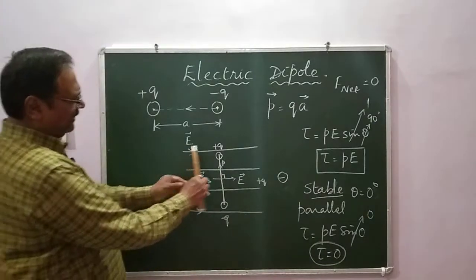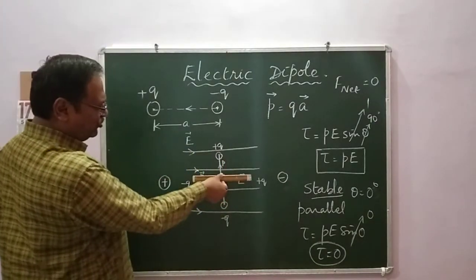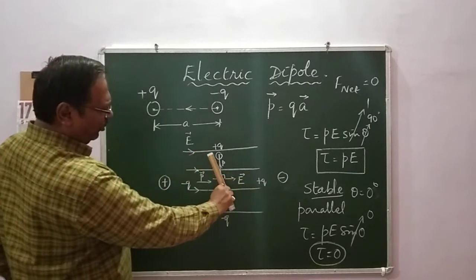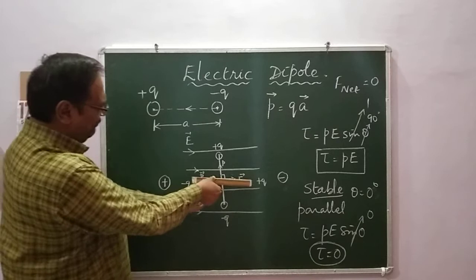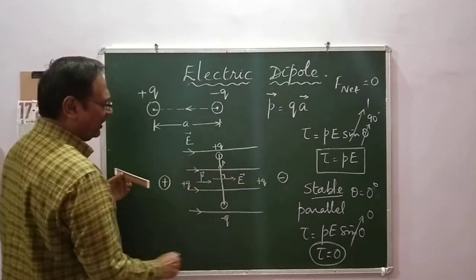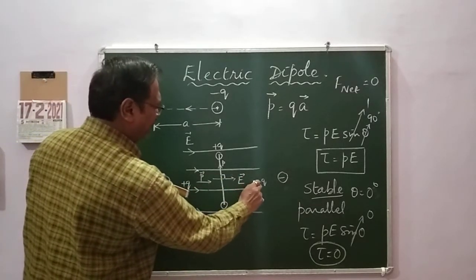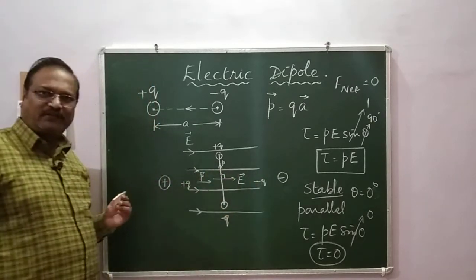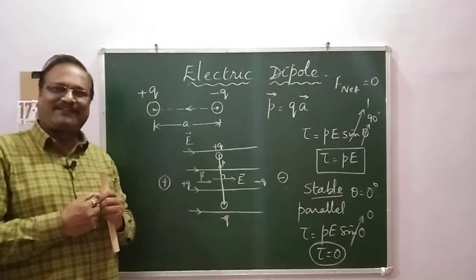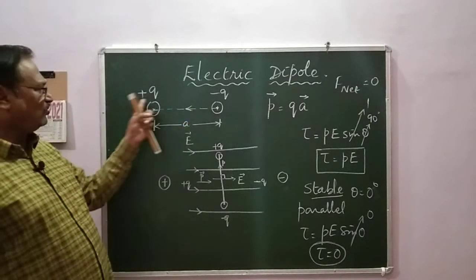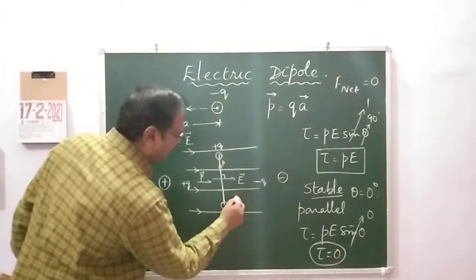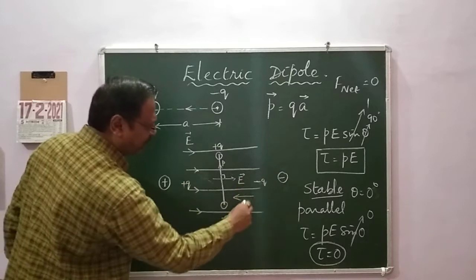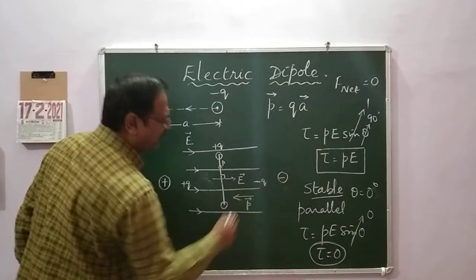So let us take that again, 90, again 0, and again let us rotate it totally 180 degrees and bring the positive here and the negative here. If the dipole has positive and negative opposite, how is the dipole moment going to be? The dipole moment is from negative to positive, so instead of in this direction, it is going to be in the opposite direction.